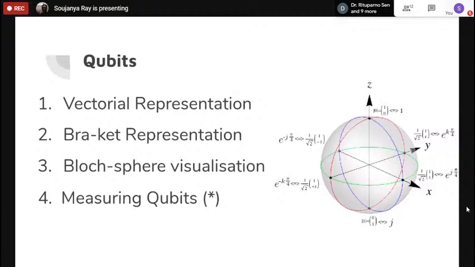But when the qubits are in superposition, then measuring them, that is, when we try to poke into the information and see what state they are in, they lose the state of superposition and collapse into either the 1 or 0 state. We'll have a practical demonstration of everything.